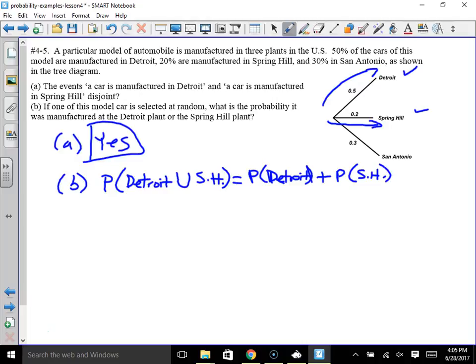There's no subtracting overlap because these are definitely disjoint events. So the probability of Detroit is 0.5, the probability of Spring Hill is 0.2, and so this probability would be 0.7. Okay, make sense?